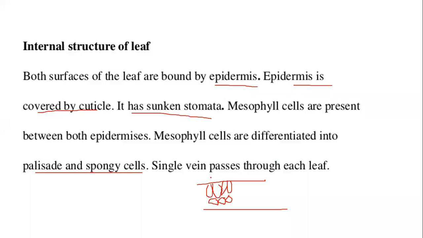In the center you can see the vascular cylinder where the xylem is surrounded by the phloem, which is a siphonostelic condition, and it has only a single vascular bundle. That's why a single vein passes through each leaf. So this is the internal structure of the leaf.